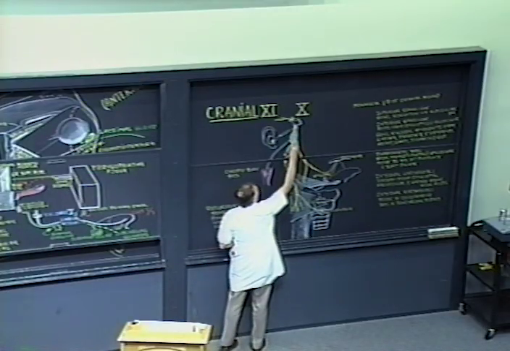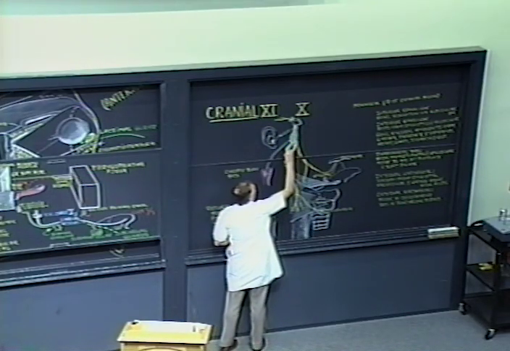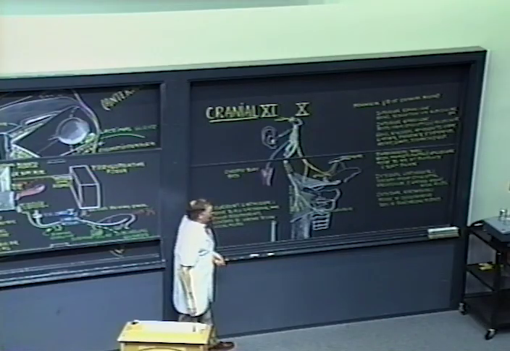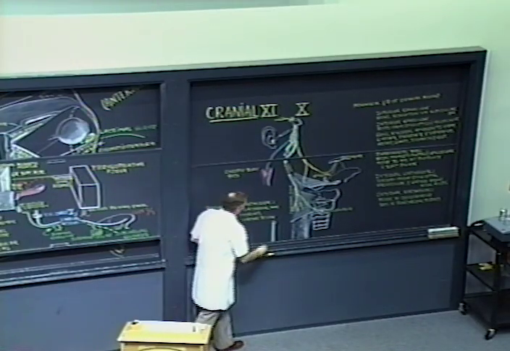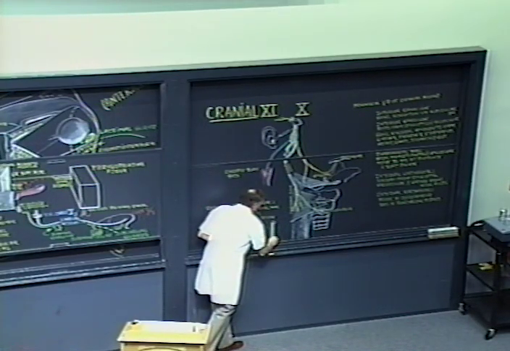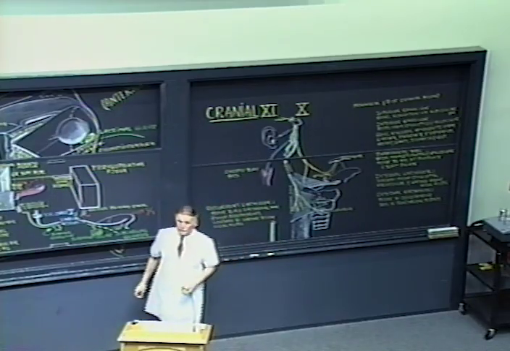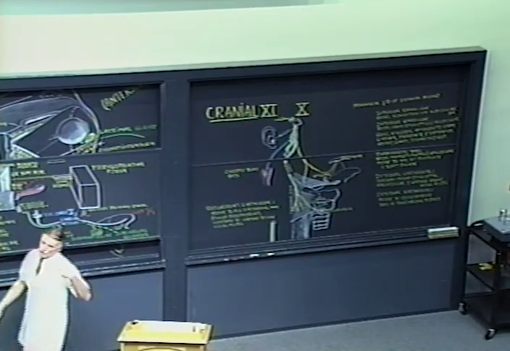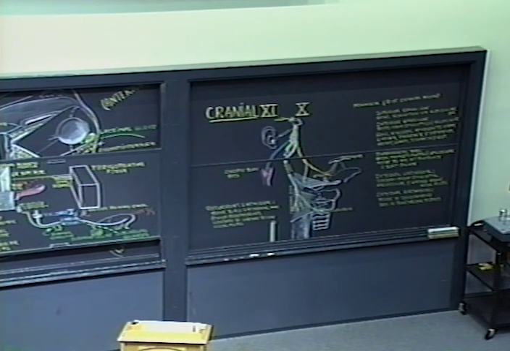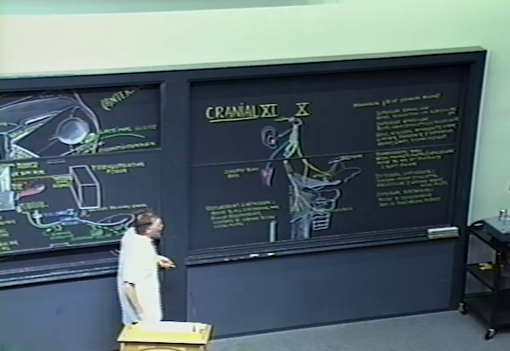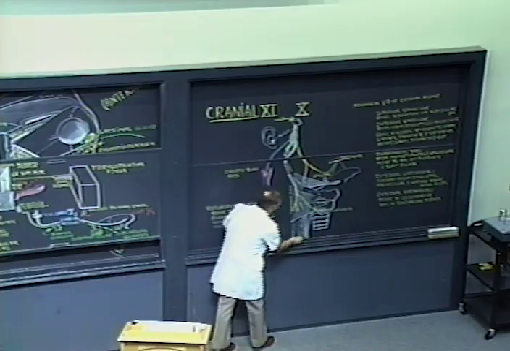Finally, motor fibers accompanying the main stem of the vagus, following it into or nearly to the chest on the left side, recurring, leaving the vagus and recurring around the right brachiocephalic, or in the case on the left side, around the left, what? Ductus arteriosus, ligamentum arteriosum, as the recurrent laryngeal nerve.